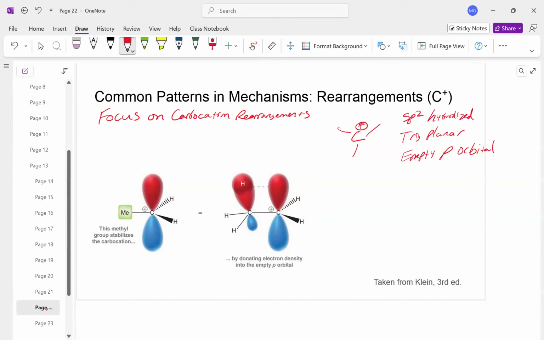You cannot use an arrow to move a positive charge. Why is that? Well, a plus charge is just an empty p orbital. Here's our p orbital there. It's an empty p orbital. Can you move anything that's empty? No, there's nothing to move.